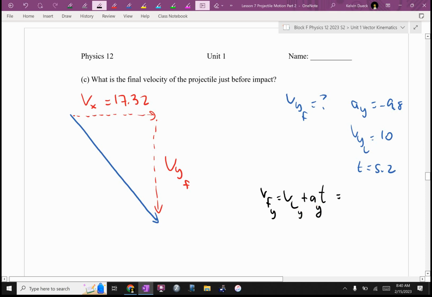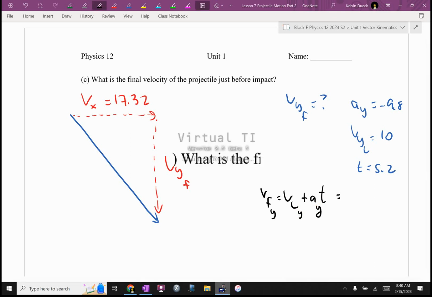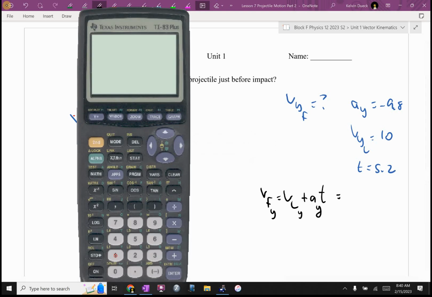It's going to be Vi 10 plus negative 9.8 times 5.2. I am expecting a negative answer because we are traveling down when we hit the ground. Negative 40.96.